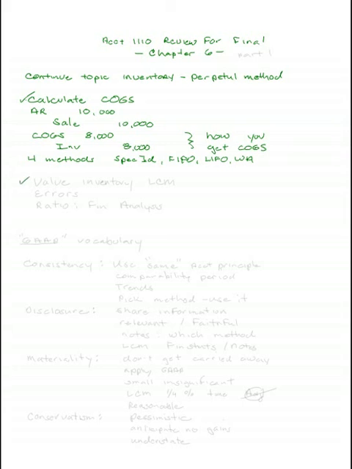Then, I'm going to examine an idea of valuing inventory at the lower cost or market. Call that lower of cost or market in abbreviation. Must show inventory at a conservative amount on the financial statements.